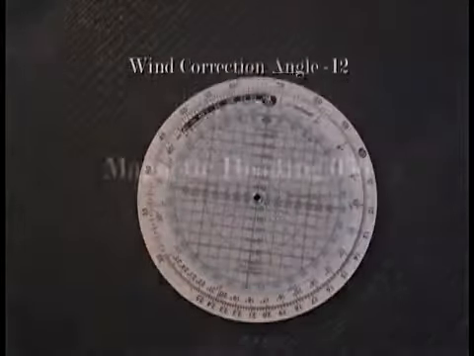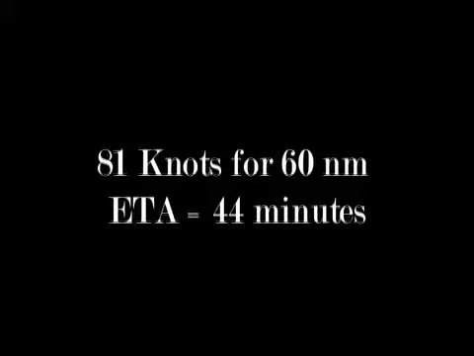This gives us a heading of 56 degrees. After inputting our magnetic variation of 4 degrees west, we add 4 to that 56 and come out with a course heading of 060. So, traveling at 81 knots for 60 nautical miles, we should arrive in about 44 minutes or around 0.7 on the Hobbs meter.